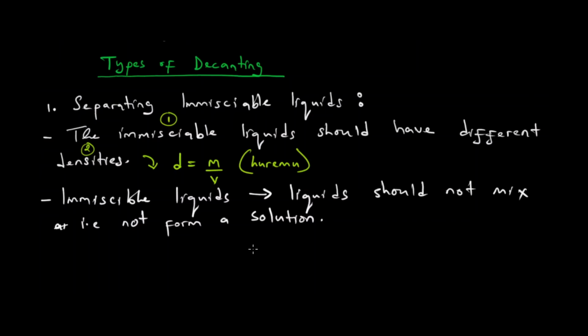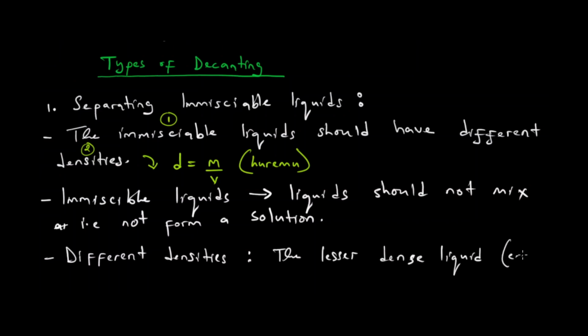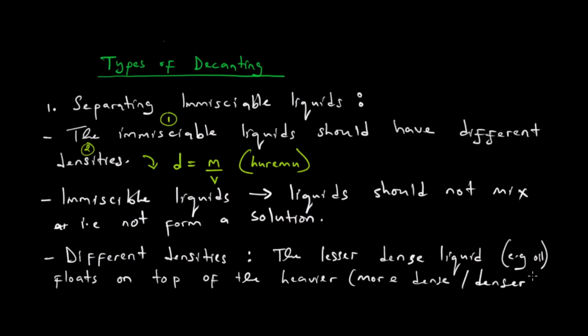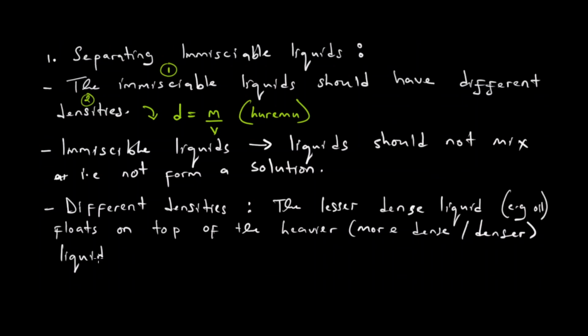So now adding on to different densities. For different densities, we need to know that the lesser dense liquid, for example in water and oil, it is the oil, the lesser dense liquid, it floats on top of the heavier, more dense liquid. So that is what is happening here, with different densities.